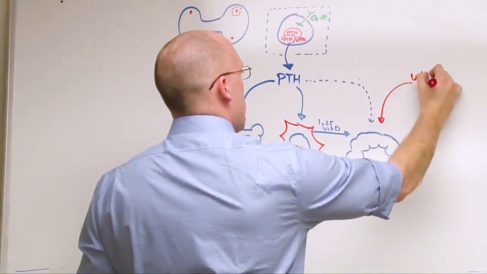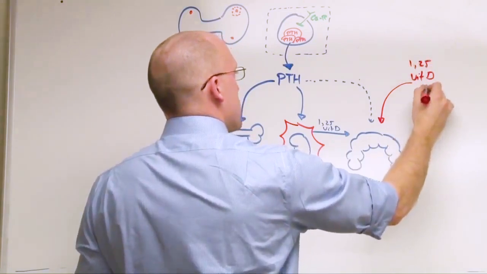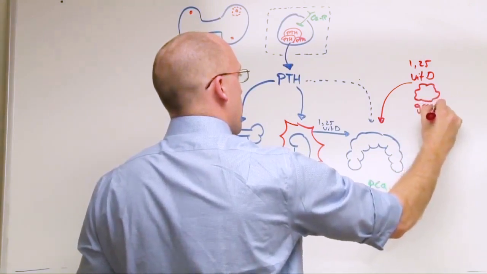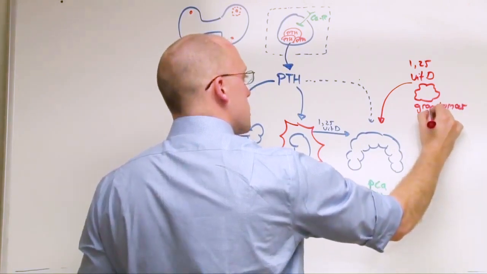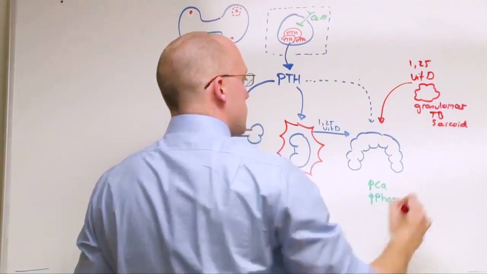It's going to be 1,25 vitamin D that comes from granulomas, such as TB or sarcoid. Don't worry about the mechanism.